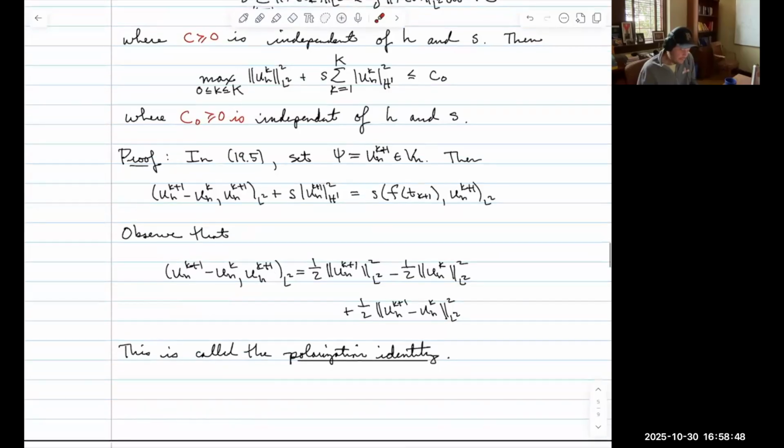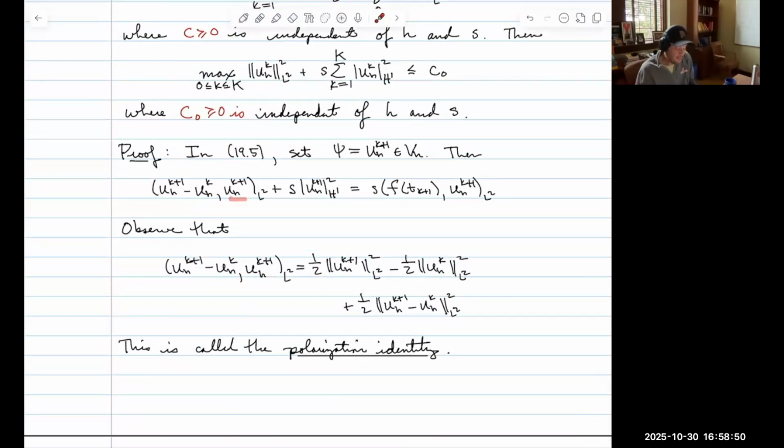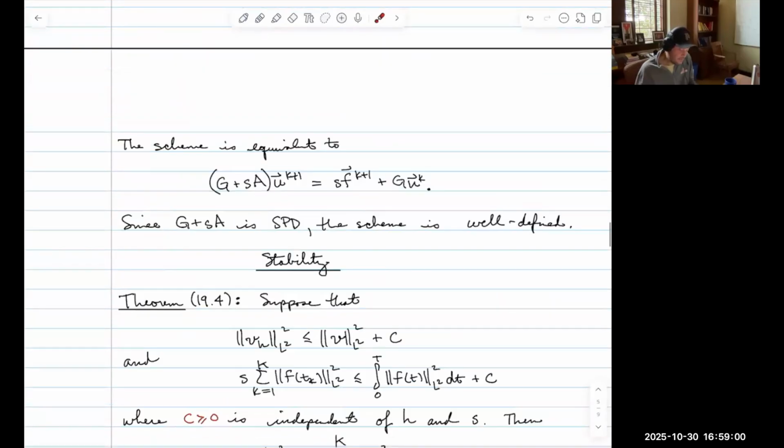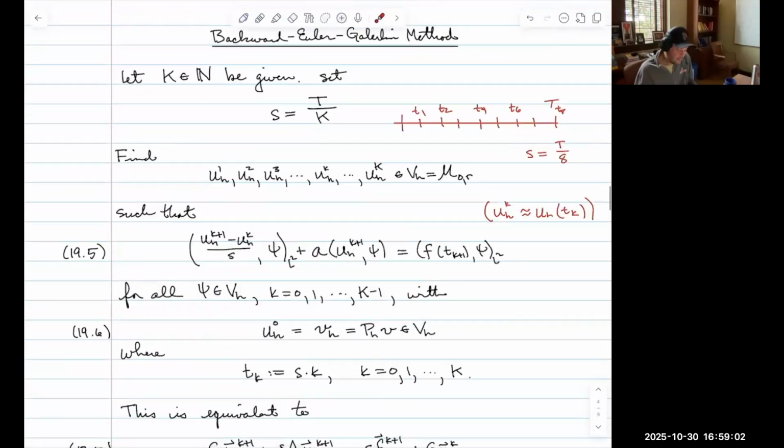So let's do that. Substitute in psi equals UHK plus 1. I get this nice term here. And by the way, I've also multiplied through by S. If you look at 19.5, it has an S in the denominator of a single term. I'm going to multiply through by S everywhere.